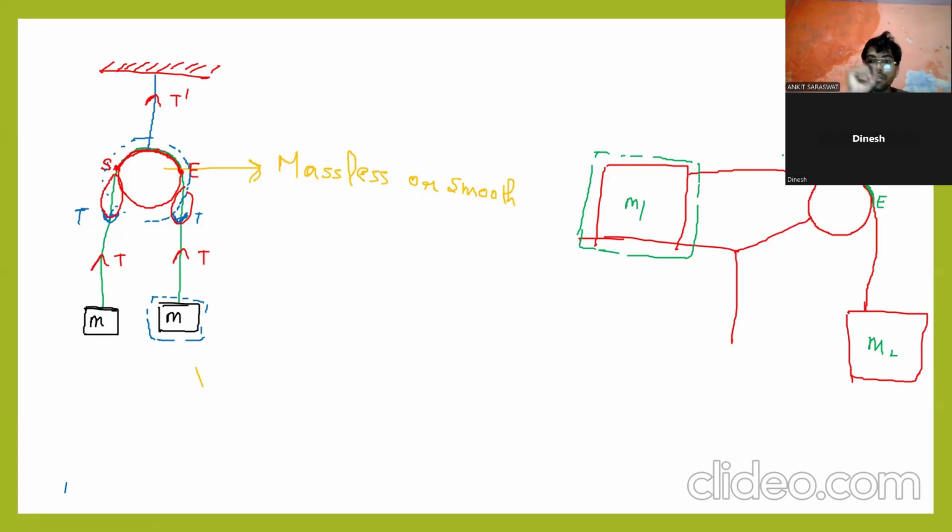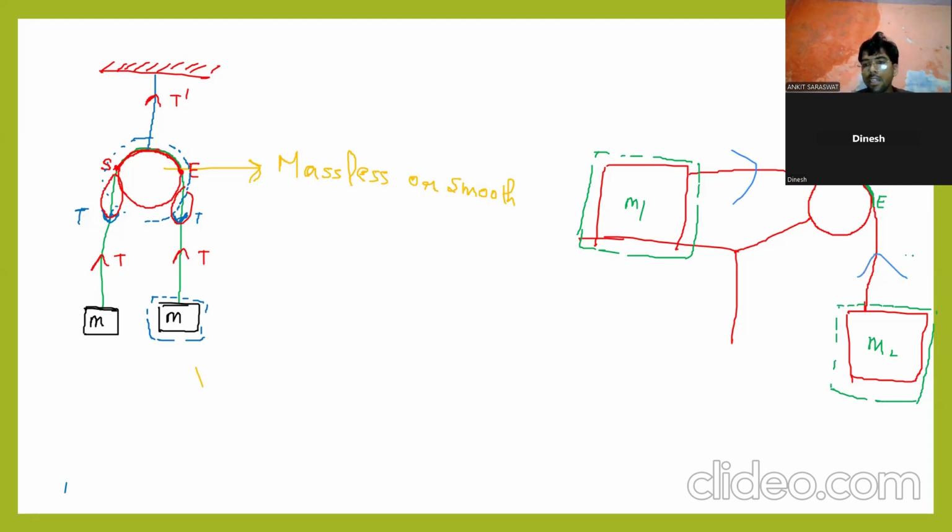If this is M1, in which direction will the string attract this system M1? This direction. Very good, very good. Great. Absolutely correct. If I take this block as a system, in which direction will this string attract this block? Sir, this direction. There is only one string, clear?